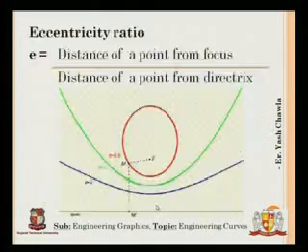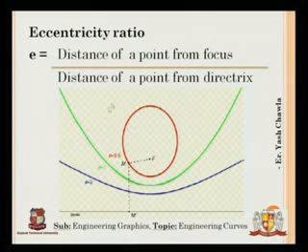For those who are wondering what eccentricity is, it is defined as the ratio of the distance of a point on the curve from the focus to the distance of the same point from the directrix. As you can see, this red curve, which is an ellipse, has a point denoted by M. This green curve is the parabola that we are going to discuss.